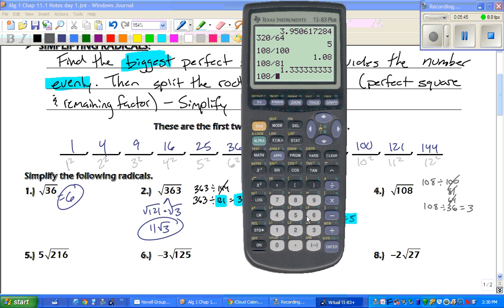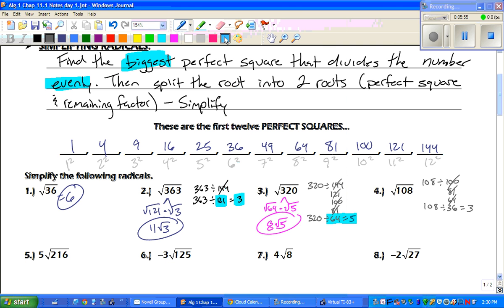Doesn't work. I skipped 49. That doesn't work. There we go. So it breaks down into 36 times 3, which is 6 square root 3.